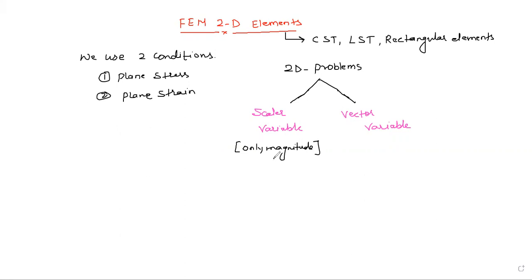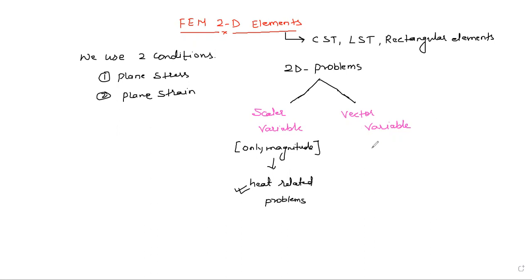For example, if any problem of CST element, LST element or rectangular element is a heat related problem, if they are asking analysis of CST element or LST element related to heat problems, then that problem is considered as scalar variable problem. Generally, this type of problem will be for mechanical people. In mechanical engineering, there will be problems based on this heat related, right?